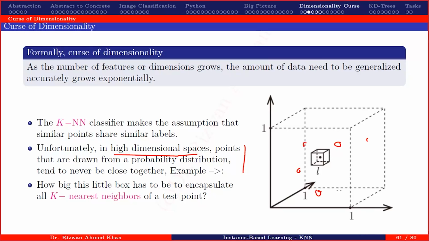But if we increase dimensions, it's difficult to visualize, but most of the data points are at the corners of different surfaces, and the space in between is usually free. So the notion of closeness or nearest neighborhood as used in k-nearest neighbor just diminishes because everything is far away.